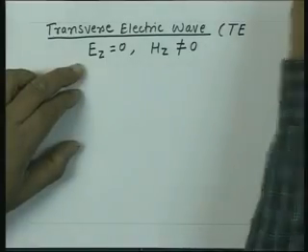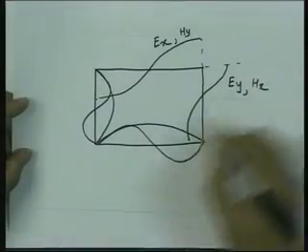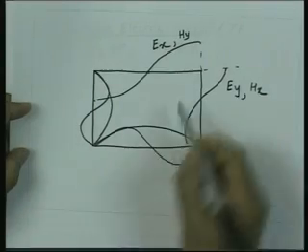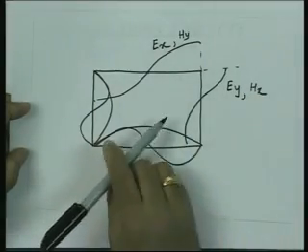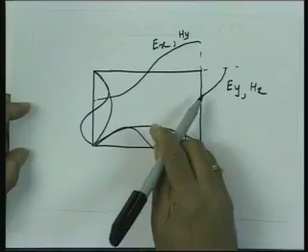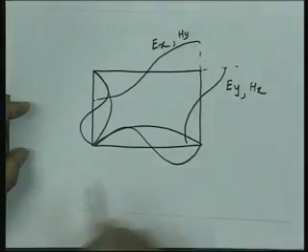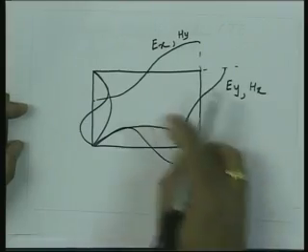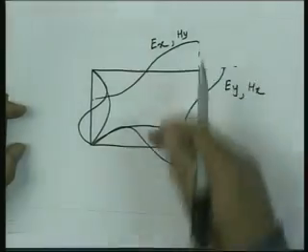In this case the longitudinal component which we have is Hz, and now what we observe from this is that this component, which is going to be tangential to this wall, this wall, this wall and this wall, should be maximum on the walls, and it should have a sinusoidal variation in the transverse direction.